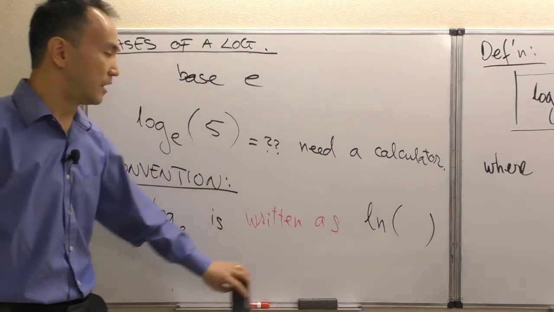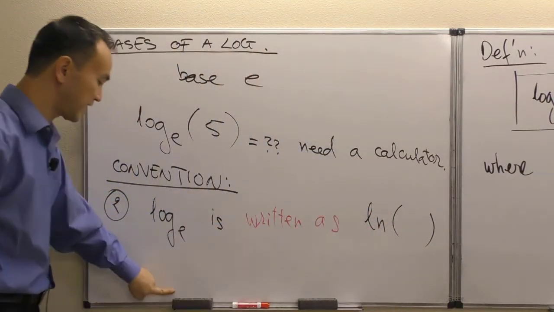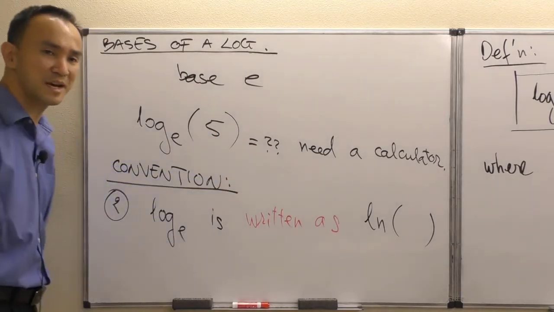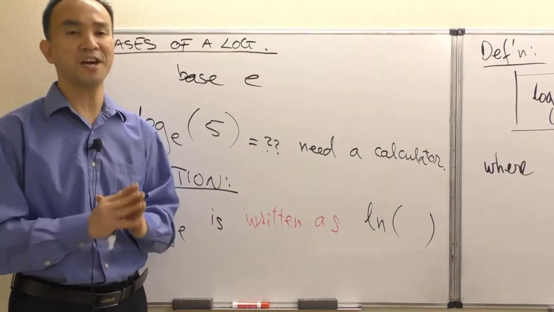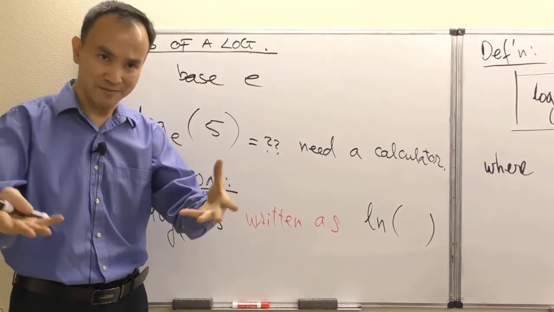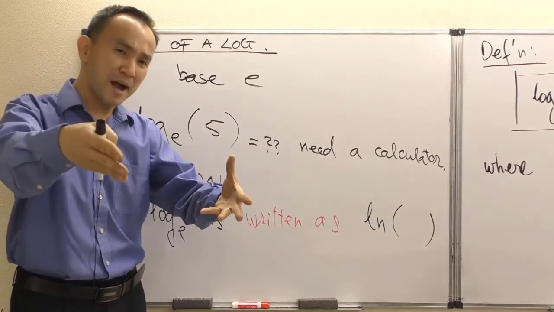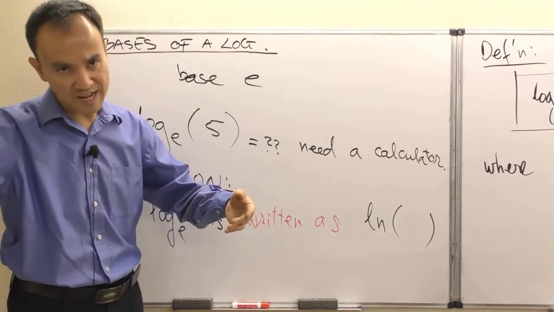Just like I said earlier about log base 10, when reading it out loud, we still read log base 10, and when trying to find the answer, we still think of the question: what power of base 10 equals that number?